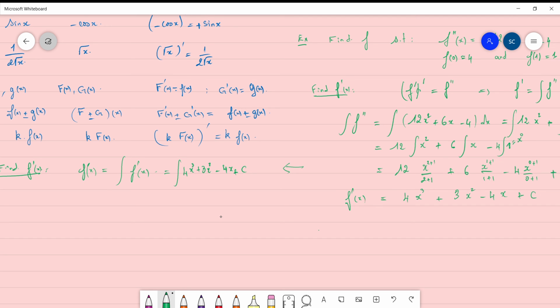So we do as previously: 4 times an antiderivative of x^3, plus 3 times an antiderivative of x^2, minus 4 times an antiderivative of x, plus C times an antiderivative of 1.